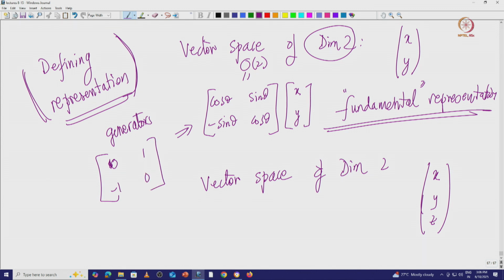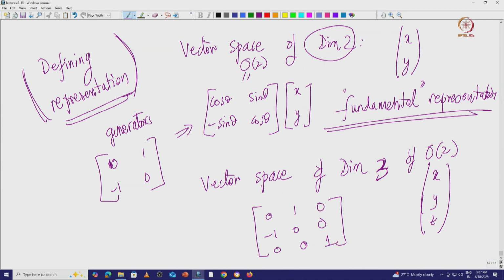So here for dimension 3 of O2, the generators would be something like this: 0, 1, -1, 0, 0, 0, 1, 0, 0.